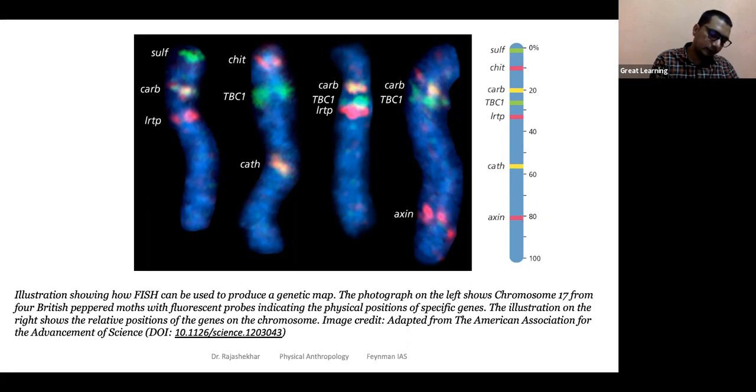Similarly, you draw another chromosome structure where nothing is seen. Probe didn't bind. So case of deletion, case of duplication, and a normal condition.